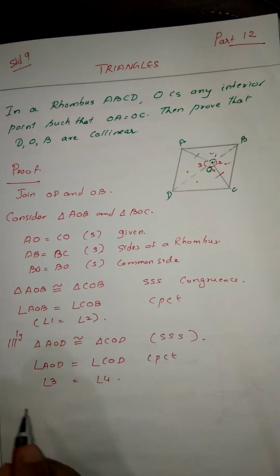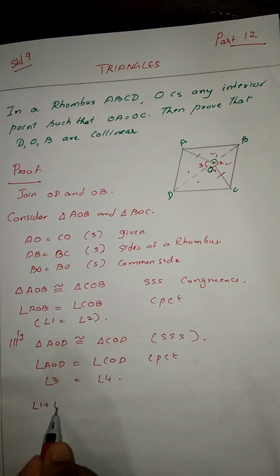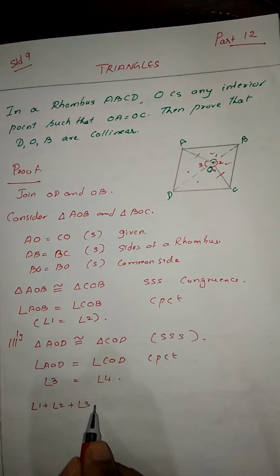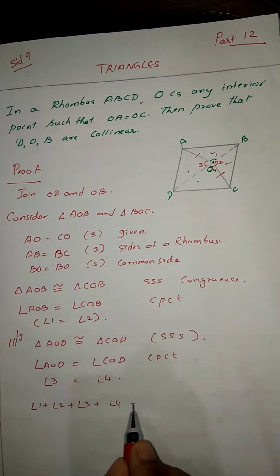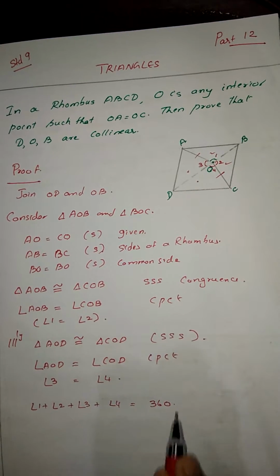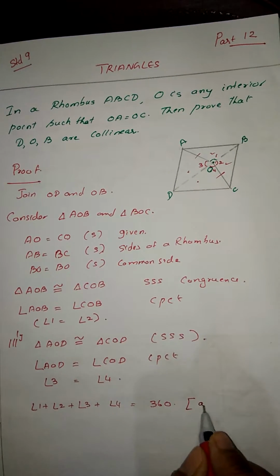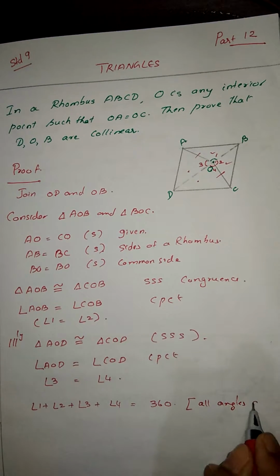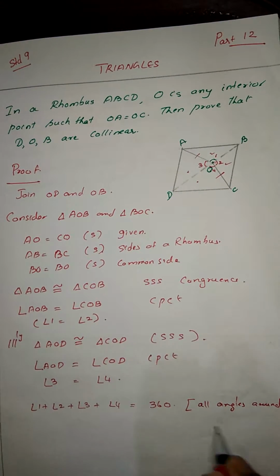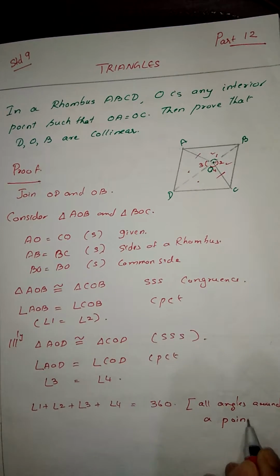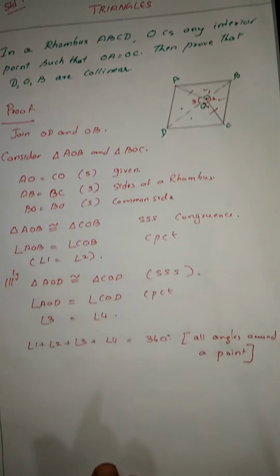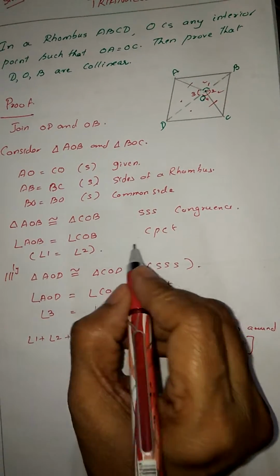Now we know that angle 1 plus angle 2 plus angle 3 plus angle 4 is equal to 360, the sum of all angles around a point.